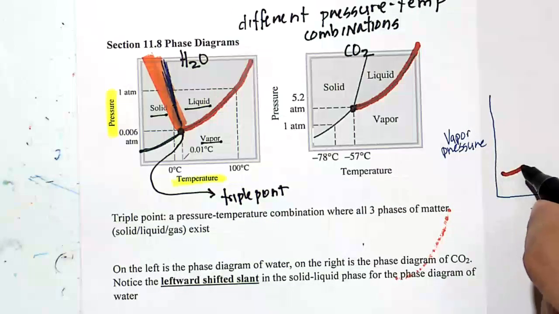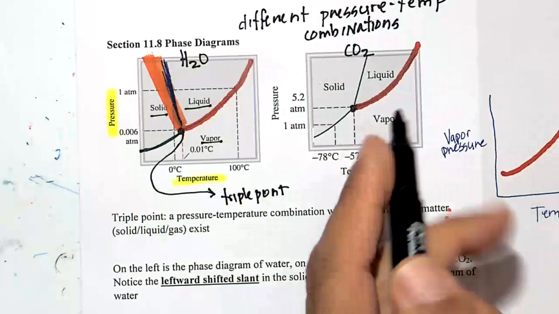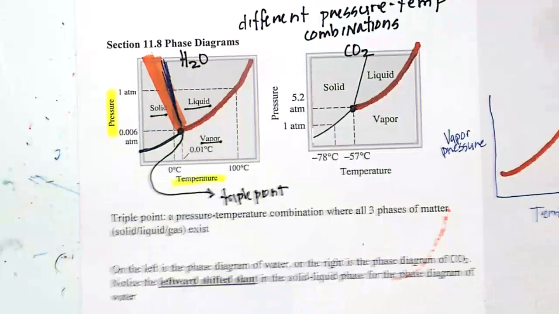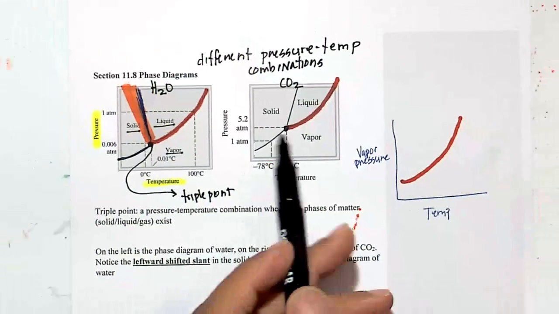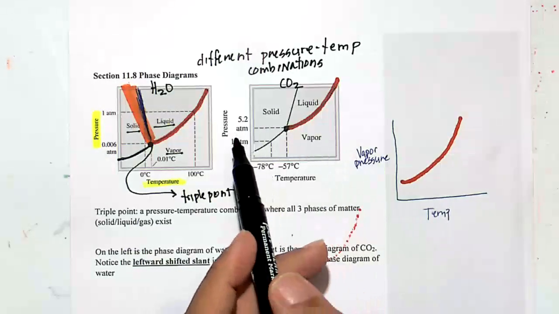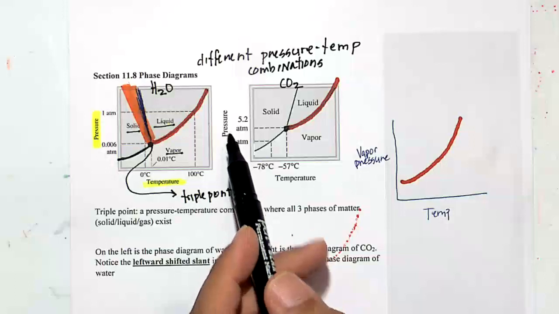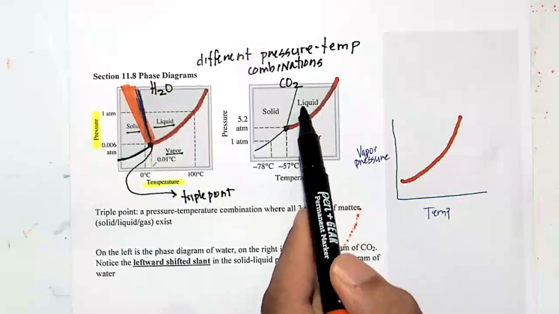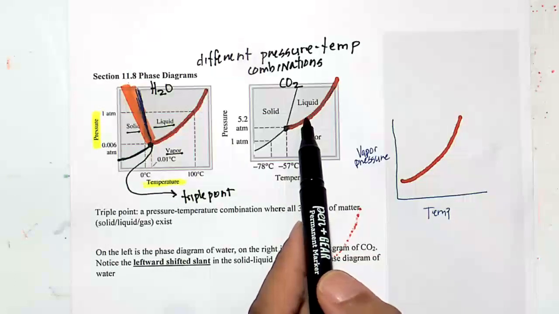So it's exactly the same. If you graph vapor pressure versus temperature, it's going to have the same shape, same profile as the phase diagram, pressure, temperature, liquid and vapor, the two phases.